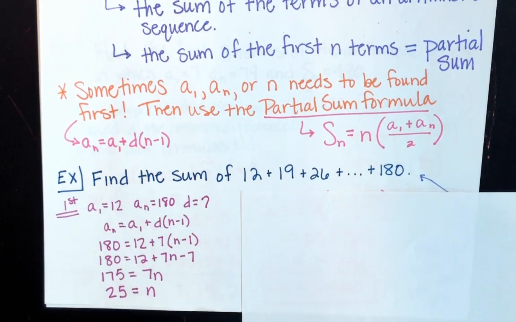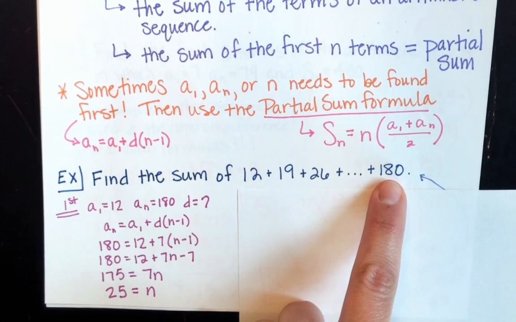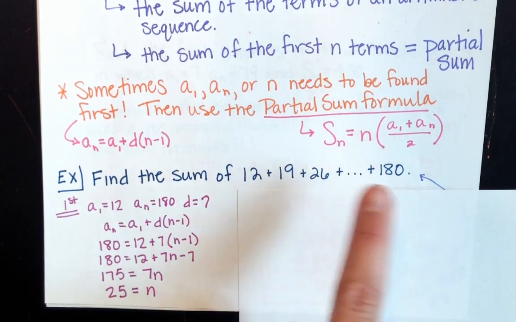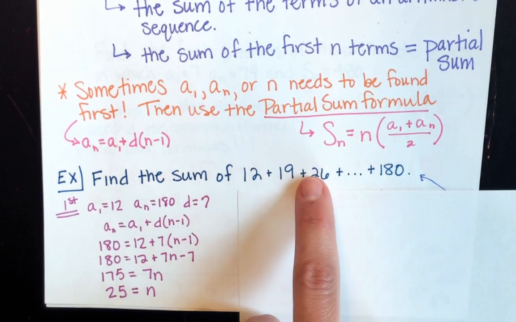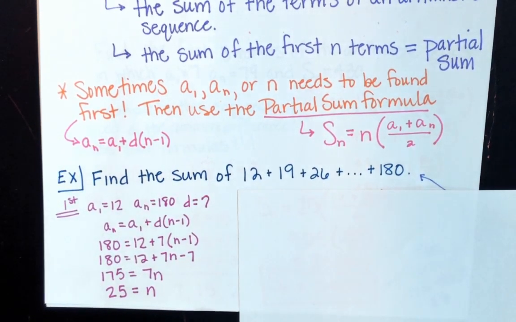So first thing I do is I solve for n. Now I can see that my first term is a sub 1. I can see my last term, a sub n, and just by looking at the common difference, I can, without having to do too much work, recognize that it's 7.